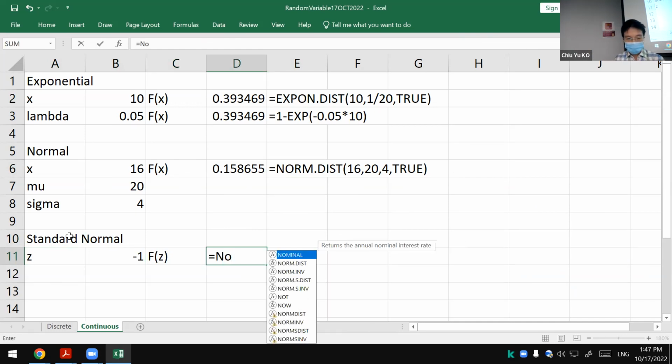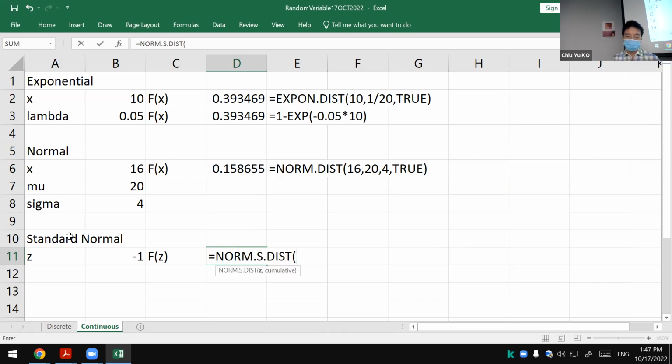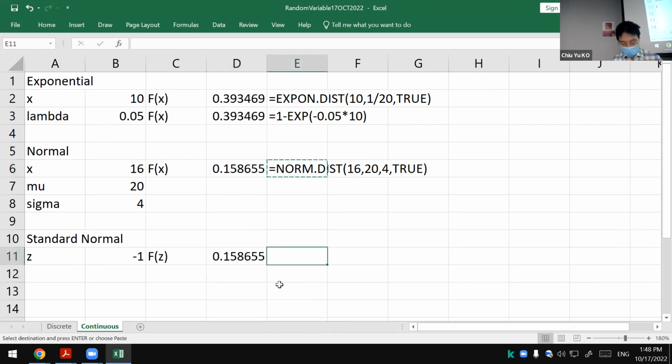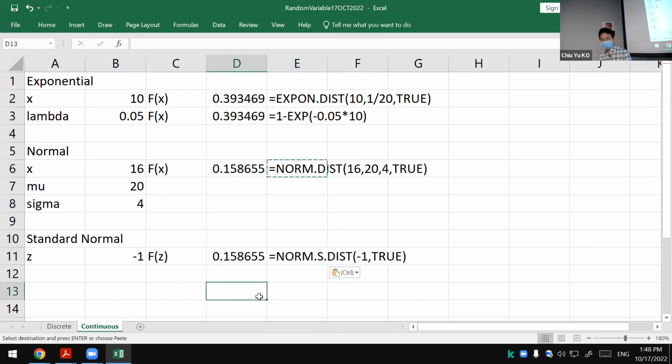It's just NORM.S.DIST, and then you put -1 and always cumulative. So that explains what we have just done. You just transform it, and it gives the same answer. Is that clear? That's how you get the NORM.S.DIST.